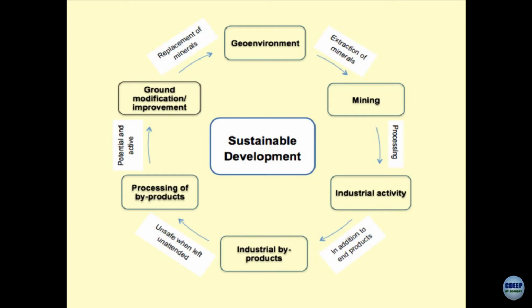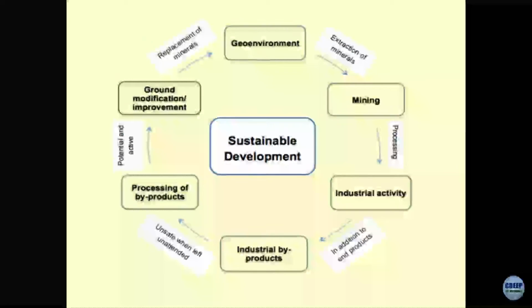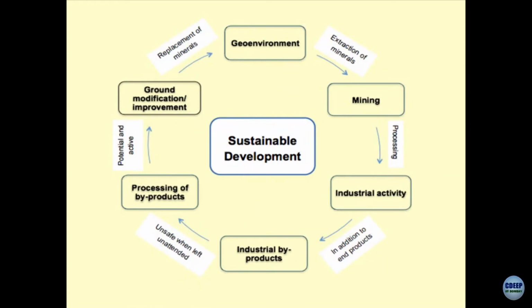So, if we talk about sustainable development, what it is, we have the geoenvironment, and basically this is the soils, rocks, groundwater, and mining activity is number one. It leads to the entire issues associated with what we are talking about.